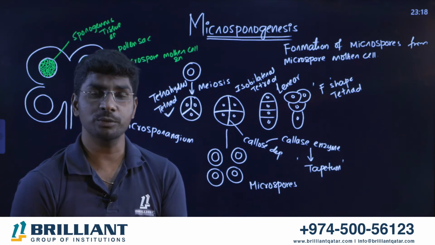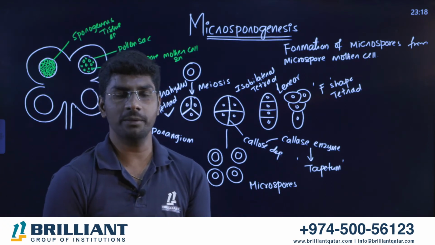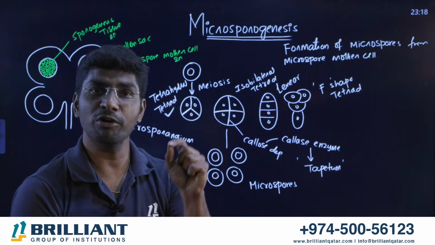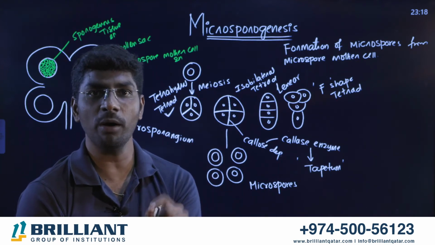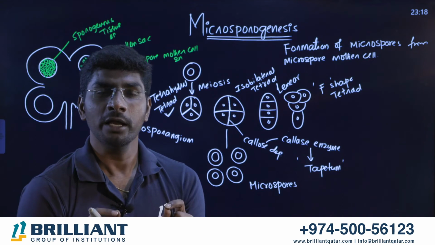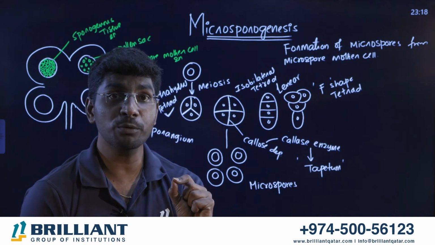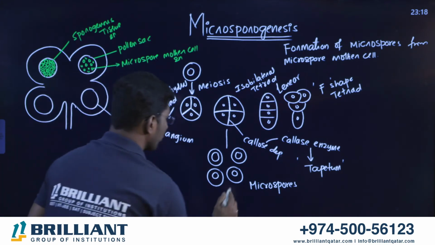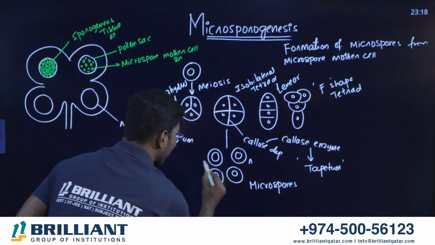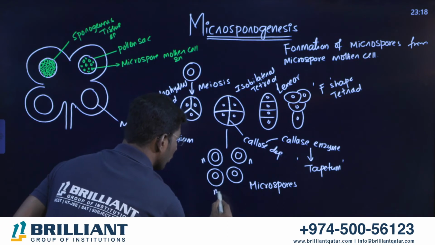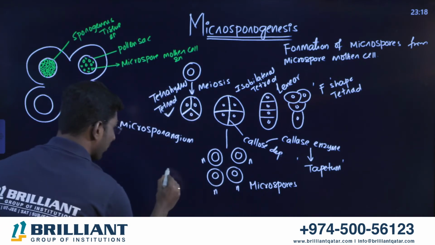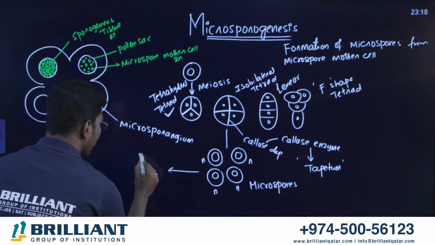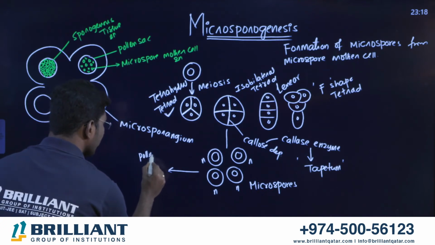Let me ask a small question. In the microspore mother cell, meiosis division takes place to form microspores. One microspore mother cell, which is diploid, undergoes meiosis to produce four haploid microspores, and these four haploid microspores mature to form pollen grains.